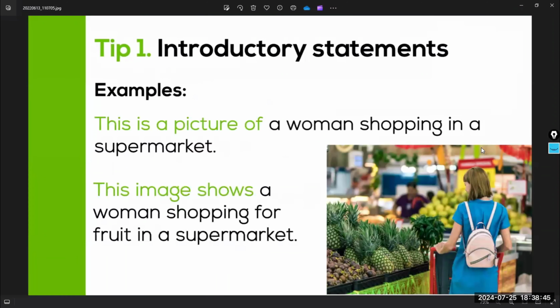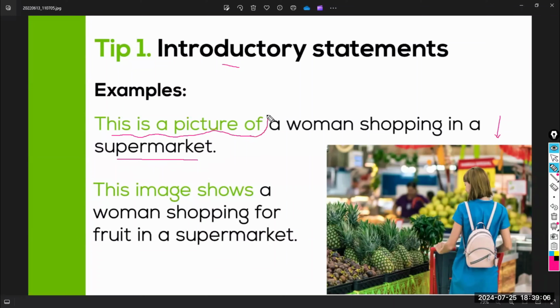Now let me show you the best description and the best introductory statements I have to write concerning this image. In the examples shown, I can say, for example, this is a picture of, this is the introductory element, a woman shopping in a supermarket.